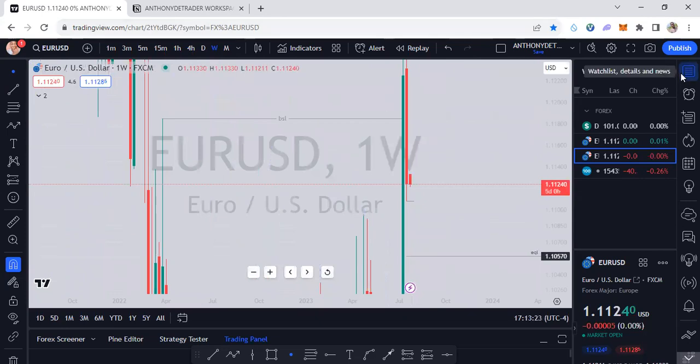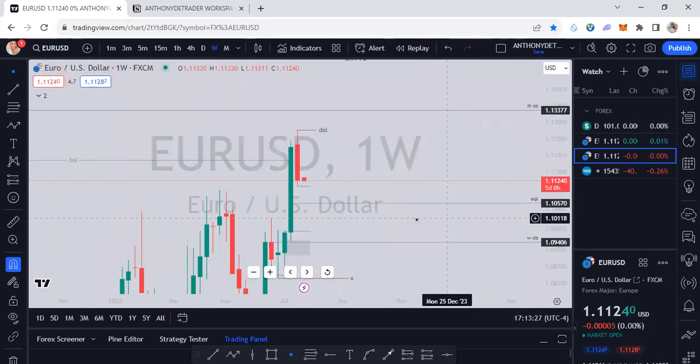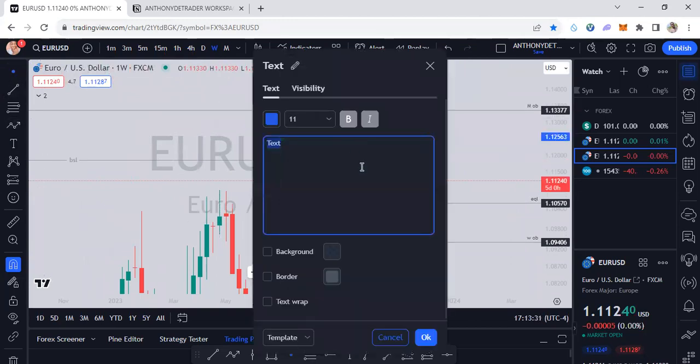Okay, I actually wanted to show us how I do my journaling too, just for the sake of learning. So here, for this week, I'm bearish until business to the upside.